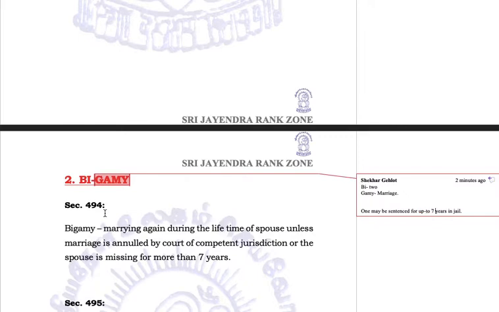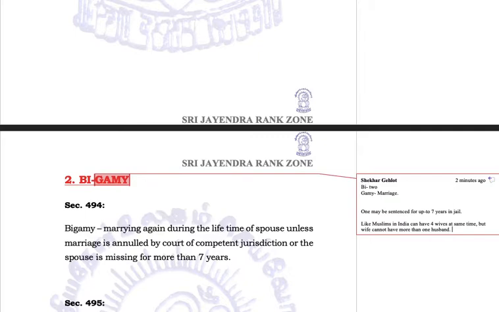However, this is subject to religious practices, like Muslims in India can have 4 wives at the same time, but a wife cannot have more than one husband.